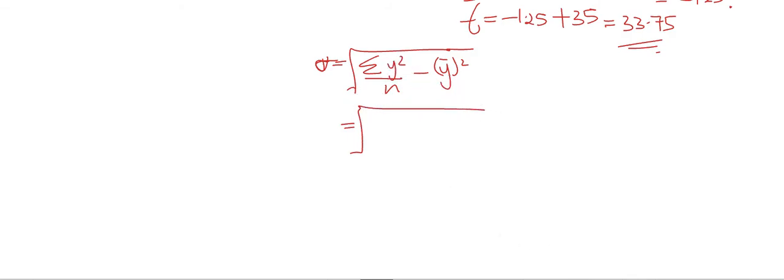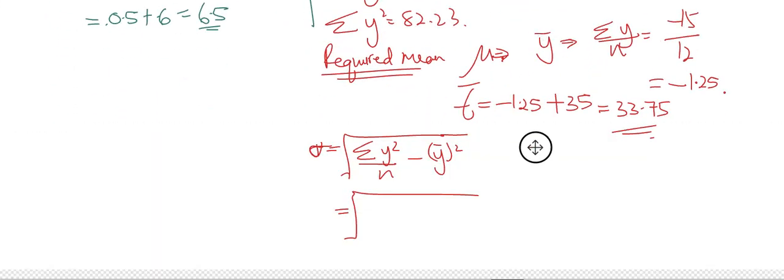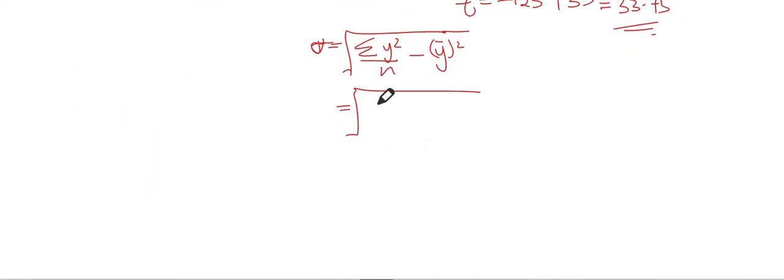Sigma y squared is given as 82.23, so substitute the value: 82.23 divided by n, which is 12 data points, minus negative 1.25, squared. Use your calculator to find the answer, and the answer is 2.3 exactly. So the standard deviation for part 2 is 2.3.